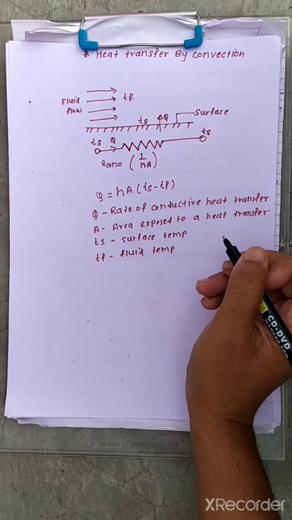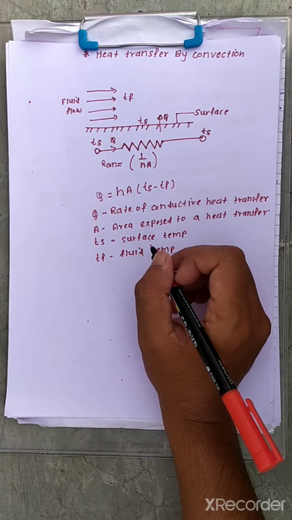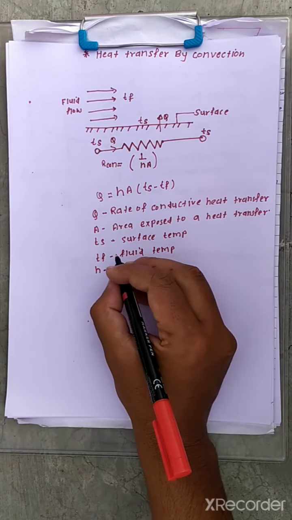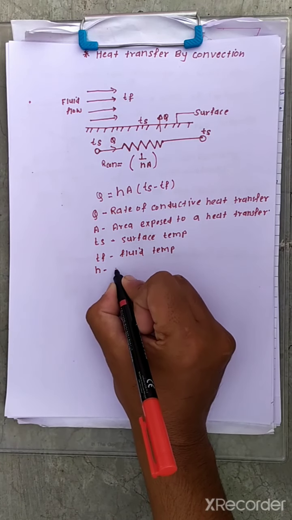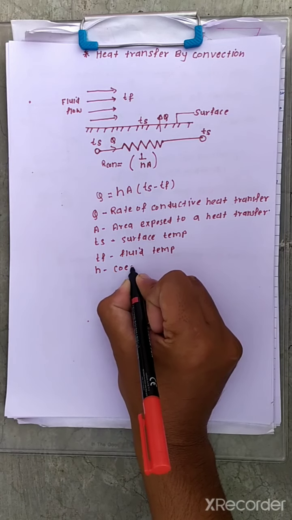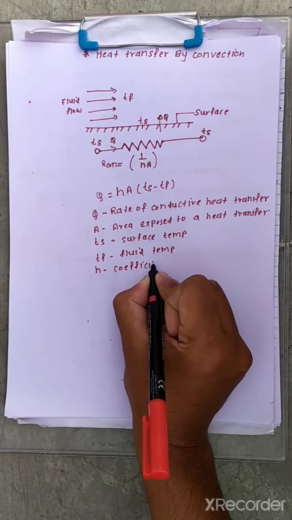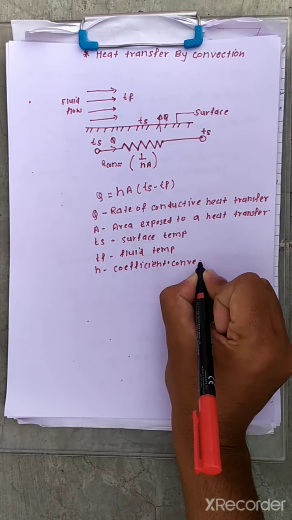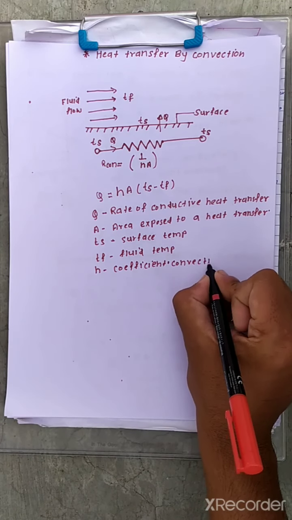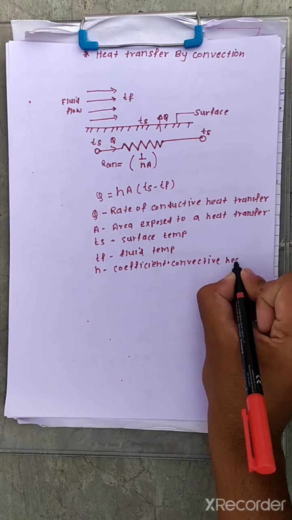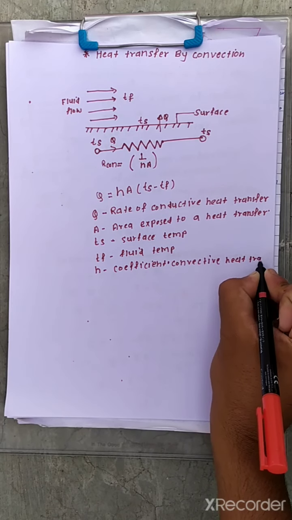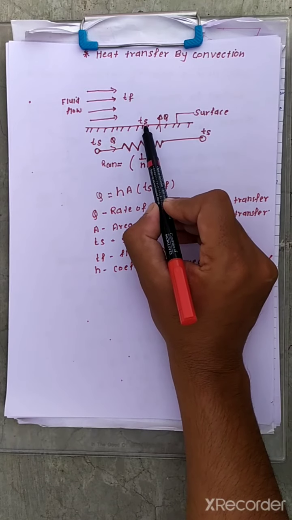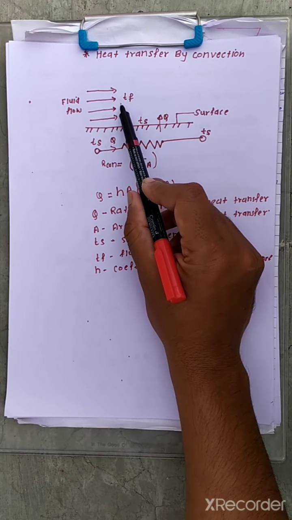The fluid may be air or liquid, and h, small h, is the coefficient of convective heat transfer. It is the coefficient between the surface and the fluid.